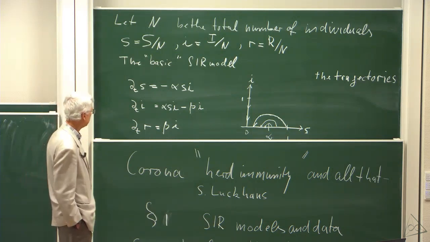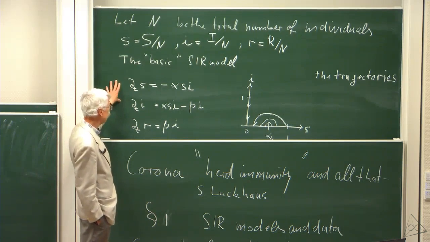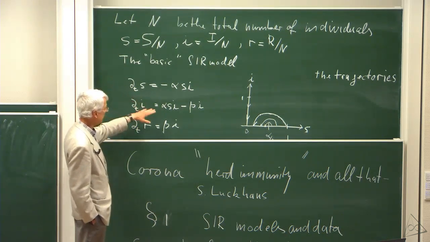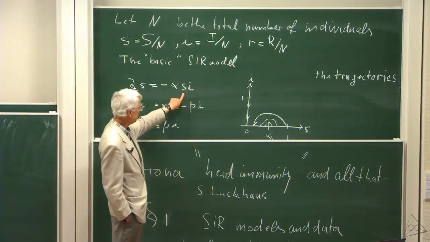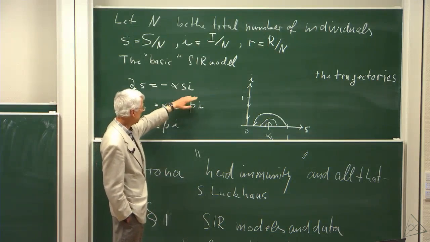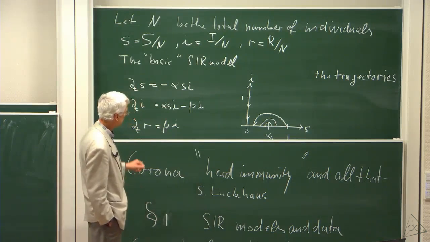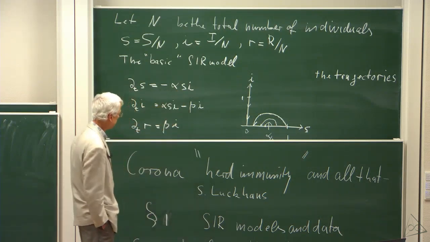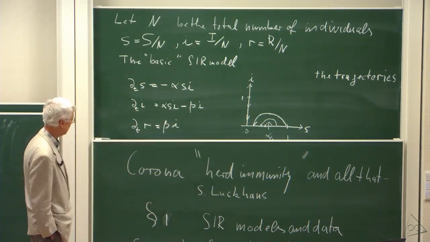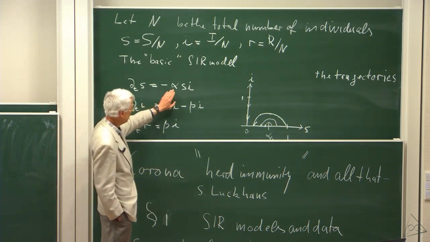So you have the number of susceptibles, or the percentage of susceptibles, that is decreasing by the infection, because the infectious people can meet susceptibles, and there is the process of infection itself, and the probability per time to meet that infectious person. That is what is contained in this parameter alpha.